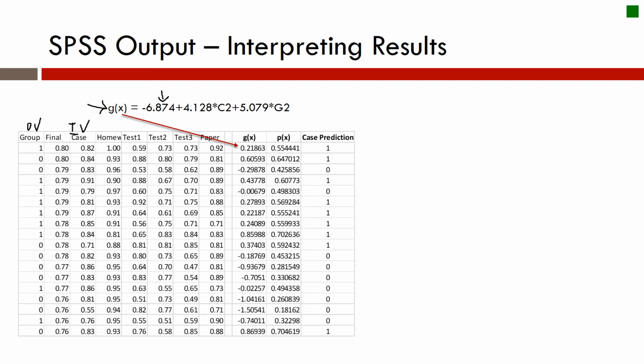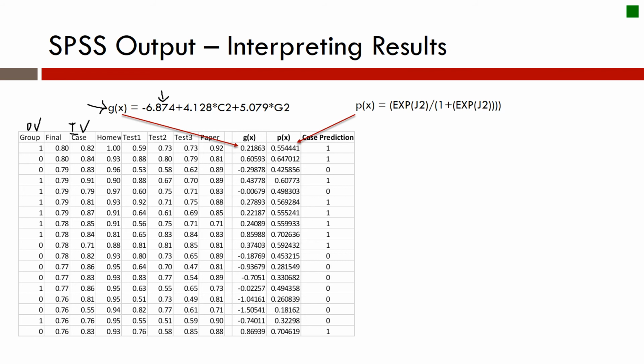Now, what we do at that point is take the G sub x and put it into our P sub x, or our probability function that was outlined before. So we take the exponent, this is the log exponent. So the exponent of J2, which is going to be this G sub x, divided by 1 plus the exponent of J2 again, so 1 plus the exponent of G sub x below.